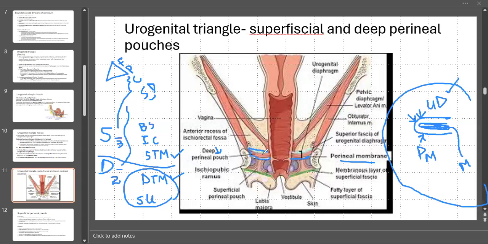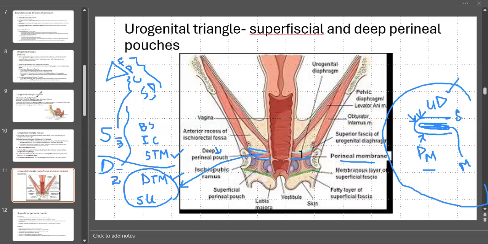And the inside matter is this deep group of muscles. That's all. Remember this thing again. If you follow these four steps for learning, if you memorize the names of these muscles, and then you remember the role of the perineal membrane, and then you remember this sandwich story, you can easily learn urogenital triangle.